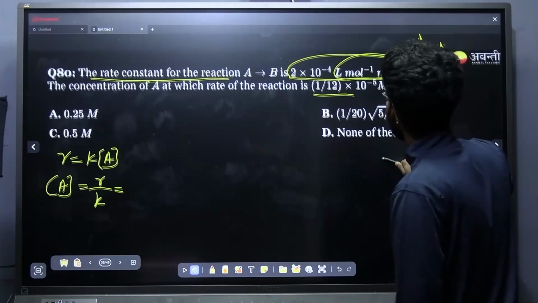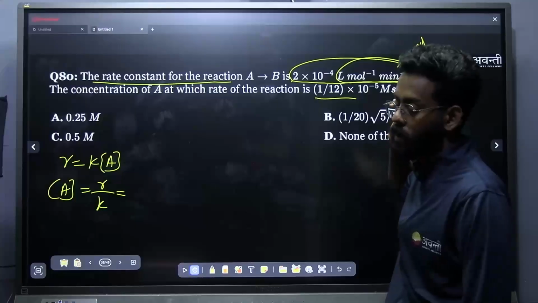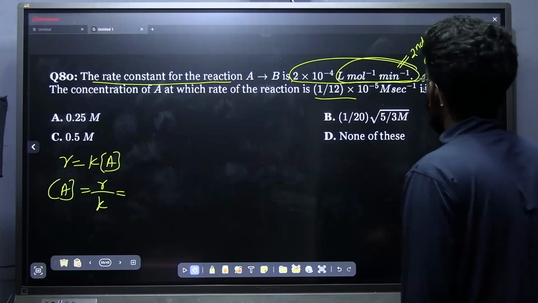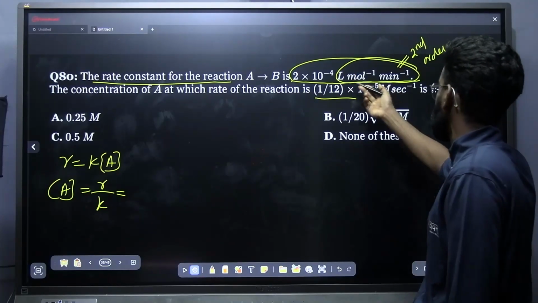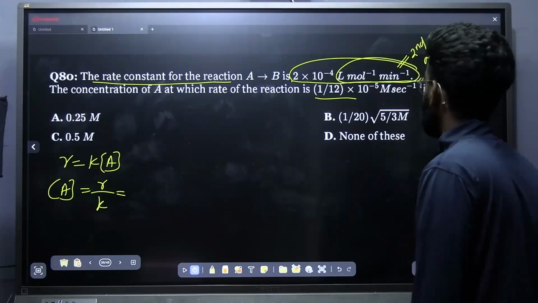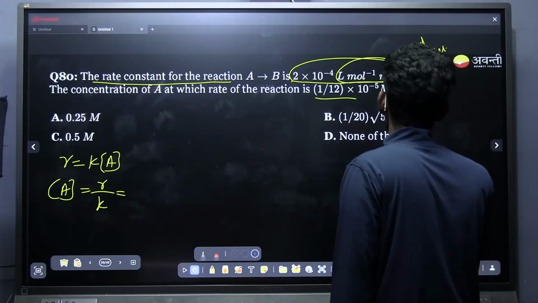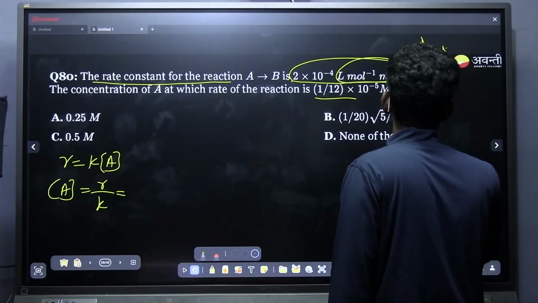All of you know how to find out the order of a reaction by looking at the unit of the rate constant. That is mole per liter to the power 1 minus n into second inverse.